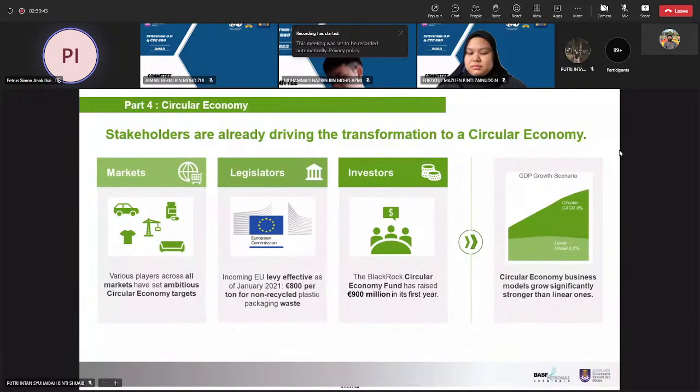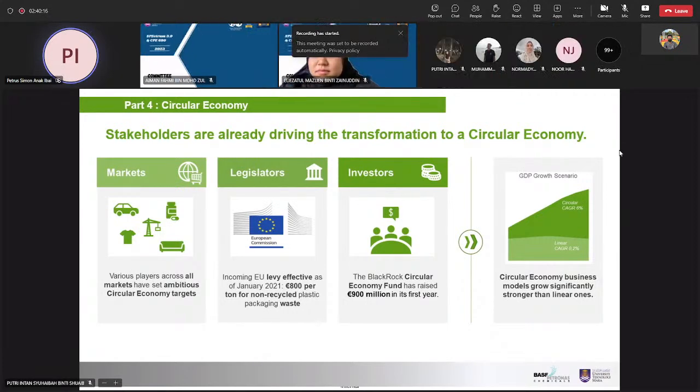So our stakeholders are already driving the transformation to a circular economy. From the markets, the players have already set ambitious circular economy targets. The legislators, especially in the European Union, will have a levy effective in January 2021, over 800 euro per ton for non-recycled plastic packaging waste.